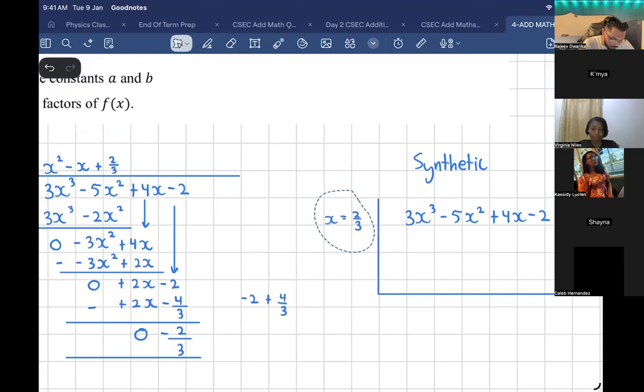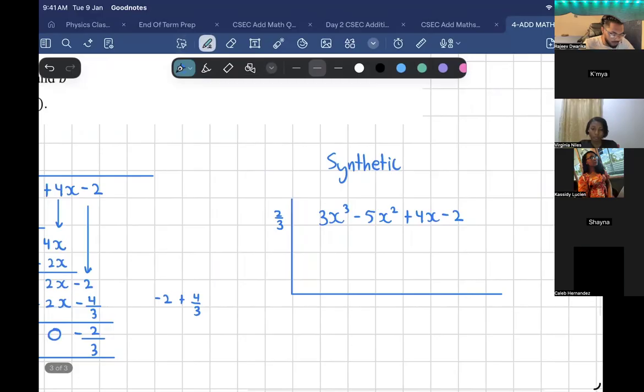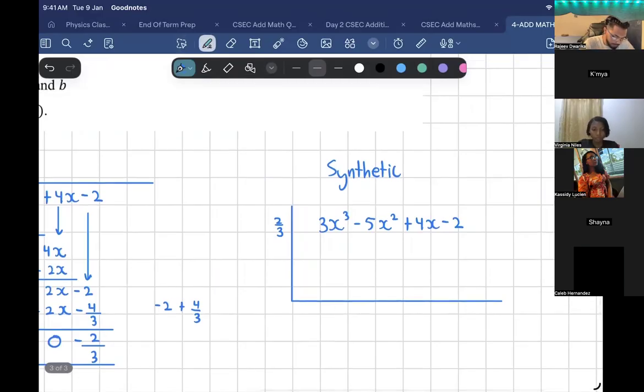So I'm gonna put 2 over 3 here, and then bring down the 3. Then I multiply 3 by 2/3, that's 2. Minus 5 plus 2 is minus 3. Then I multiply minus 3 by 2/3, and that gives me minus 2.